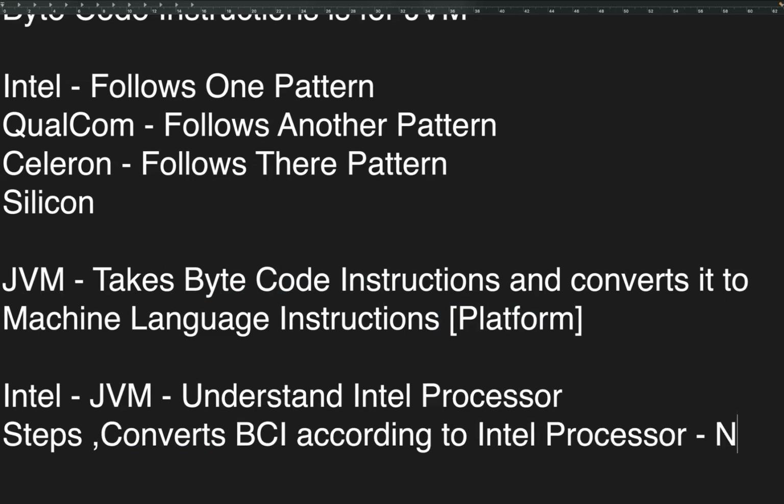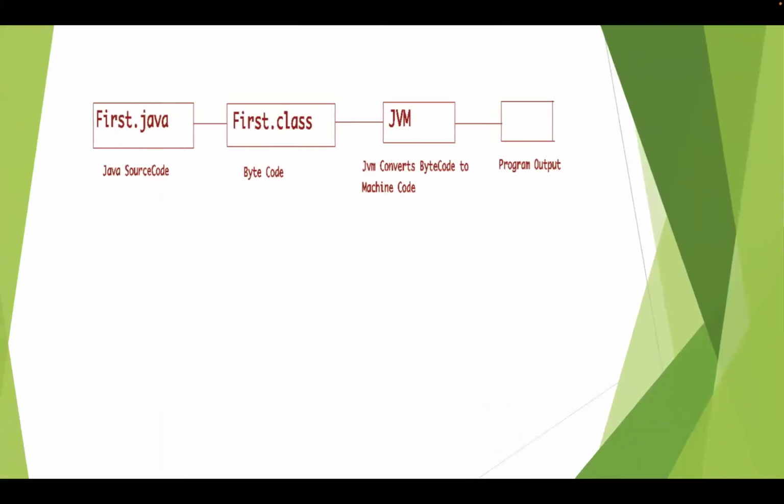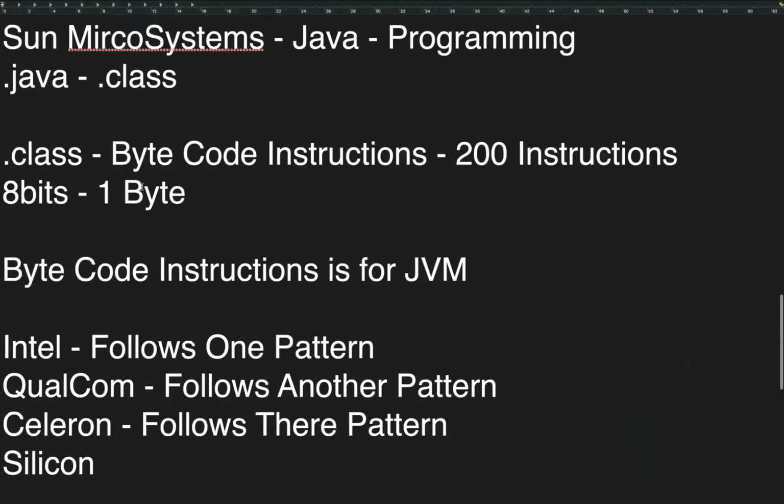So no issue here. What is the role of the JVM? The JVM is a program which converts bytecode instructions to machine language instructions supported by the Intel processor. So you execute a program, and the program gives a portable, platform-independent result. Internally, the JVM acts as a mediator between your source code and program output. How the program is executed in multiple environments is through this JVM. The JVM plays a very key role in being system independent.